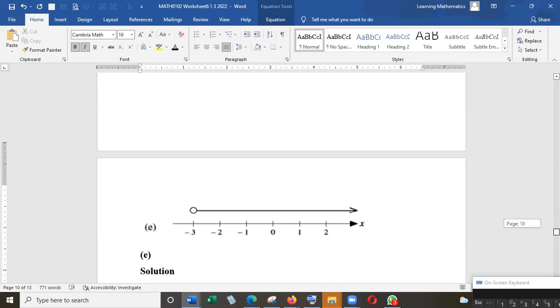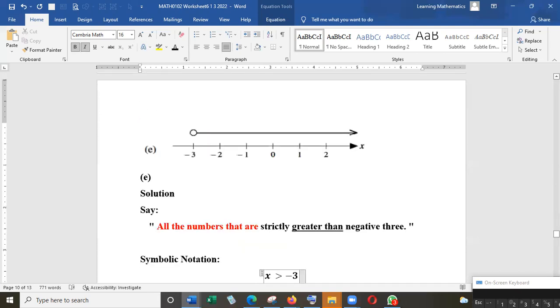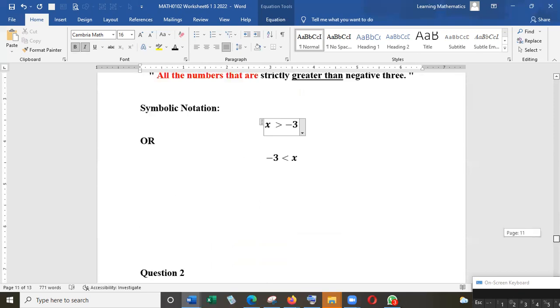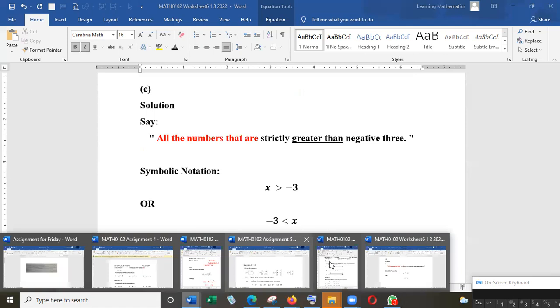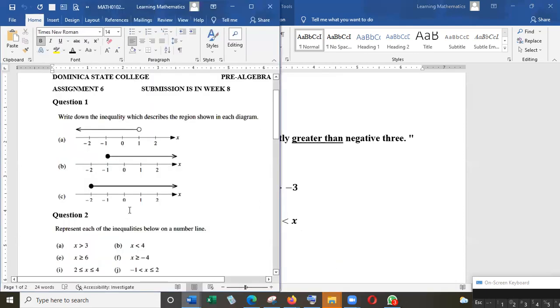Okay, so therefore the solutions for these 3 questions, please write it 2 ways, because they are all open-ended. Okay, there's an arrow pointing at one end, so you can write it 2 ways.